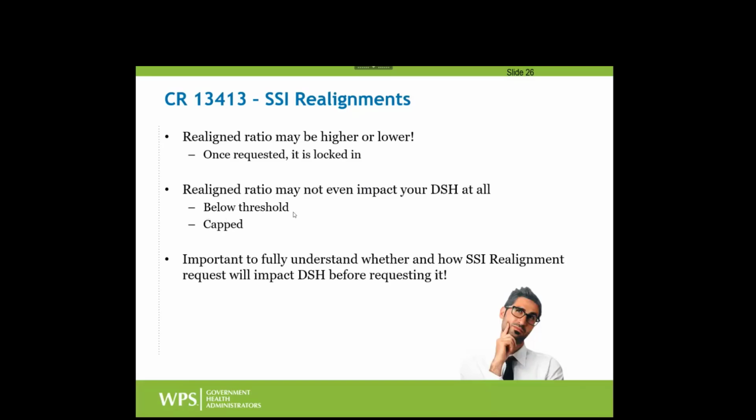The other side of that is if you're below the 15% threshold, again, assuming that threshold applied to your provider type and situation, if you're well below 15%, maybe a percentage increase on your SSI ratio, you're still going to be below 15%, so it's not going to help your operating DISH. So for that reason, it's important to understand, will an SSI realignment, first of all, increase so it potentially benefits you? But second of all, does it really benefit you at all?